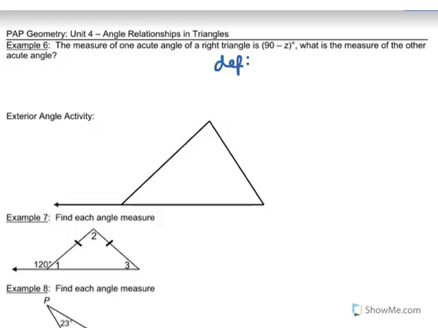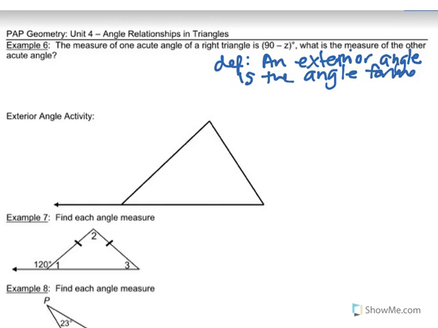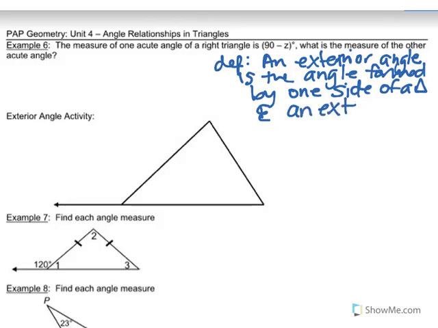So the definition of an exterior angle is, and let's write it, an exterior angle is the angle formed by one side of a triangle and an extension of the adjacent side.